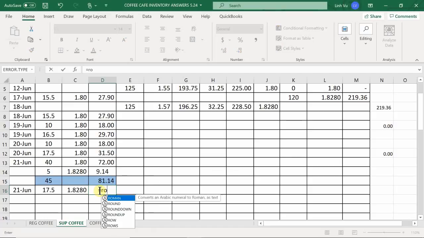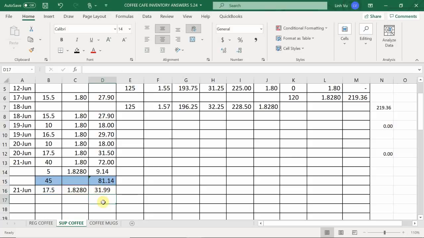Run your round formula if you are going to cell reference. If not, what is the total amount that it costs me to use 17.5 pounds? Yeah, $31.99. Good. So we have $31.99.